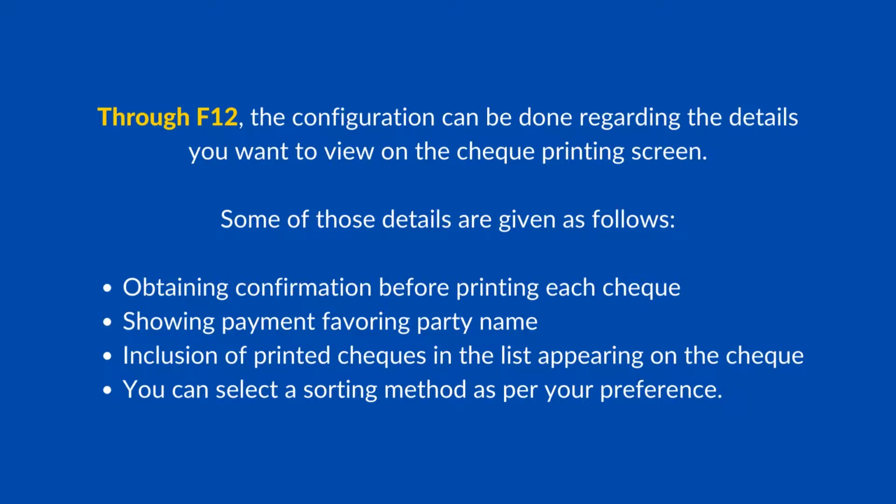Some of those details are obtaining confirmation before printing each check, showing payment favoring party name, and inclusion of printed checks in the list appearing on the check. You can select a sorting method as per your preference.